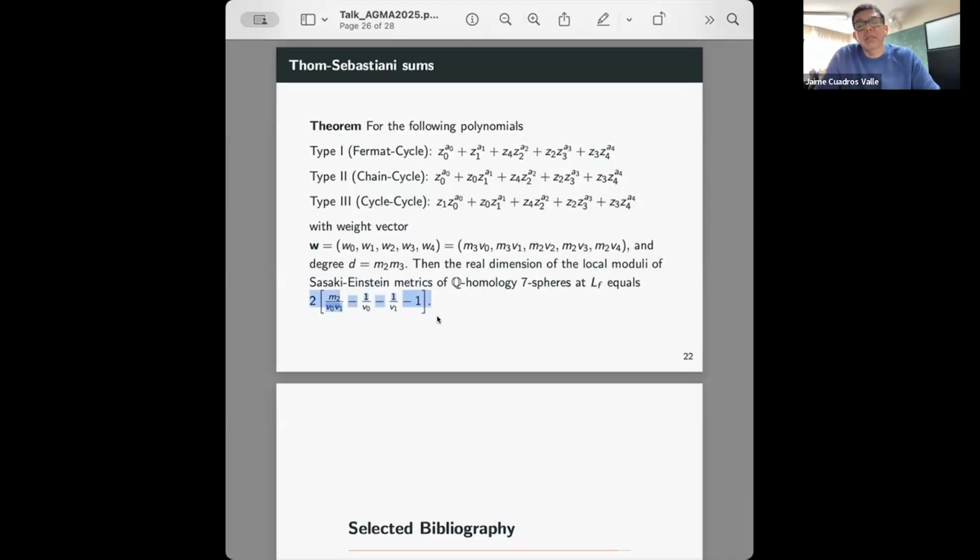So what I'm saying is that if you have one rational homology sphere that admits Sasaki-Einstein metrics, it has to come from a link that is of cycle type or one of those Thom-Sebastiani types. And for the first case, the dimension of the moduli space is 0, but for the other cases, the dimension of the moduli is given by this. I think I stop here.